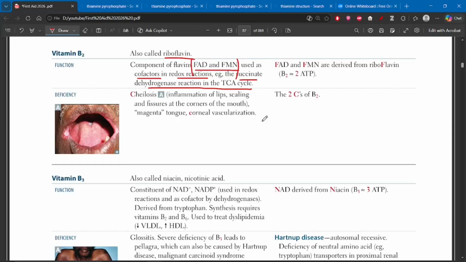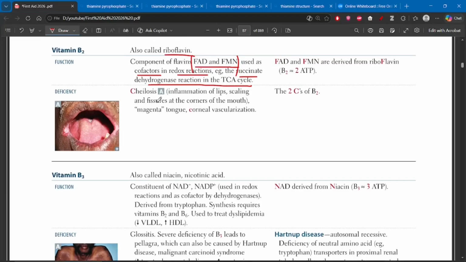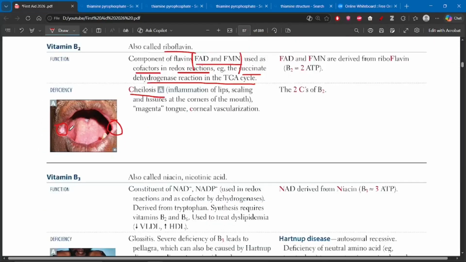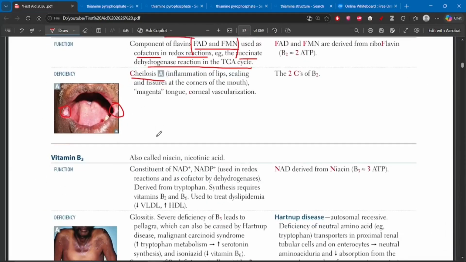compounds, the riboflavins. Deficiency is cheilosis. This is the inflammation of the lips, scaling and fissures of the corners of the mouth. So you can see this right over here. And magenta tongue and corneal vascularization.